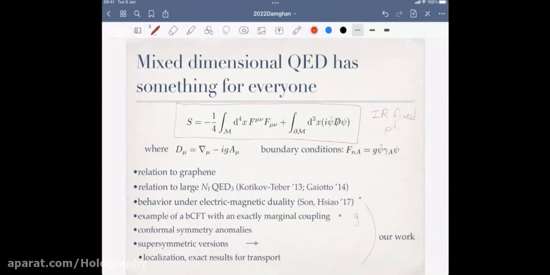This coupling g, there's no beta function for it. That's a consequence of gauge invariance. It really does have conformal invariance. There's a very interesting story with conformal anomalies that we've been working out. There are supersymmetric versions, which means that you can use supersymmetric localization and get exact results for transport, which is something I used to get very excited about when I used the AdS/CFT correspondence to study strongly interacting systems. And so that's what I can't help showing you before we get to the technical details of the talk.